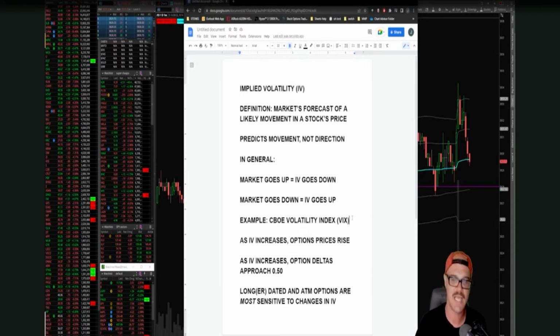Now notice that is not talking about call option prices rising or put option prices rising. It kind of is a rising tide lifts all ships sort of thing. Ships with a P, I did not misspeak. And as implied volatility increases, option deltas approach 0.5.